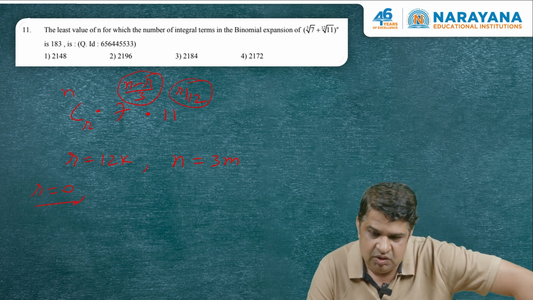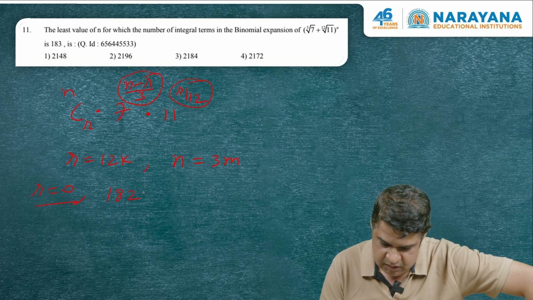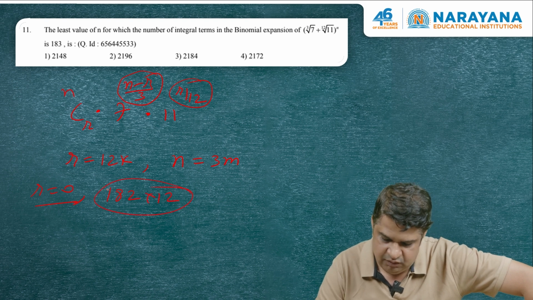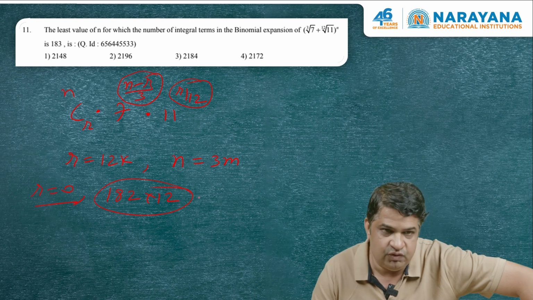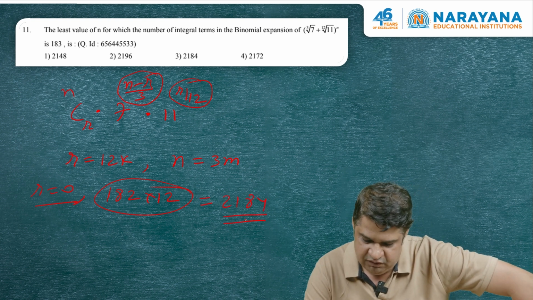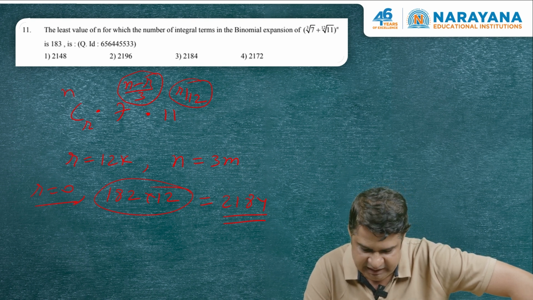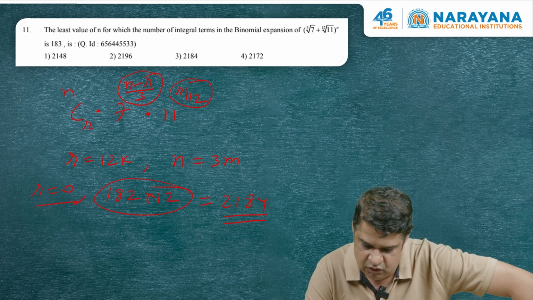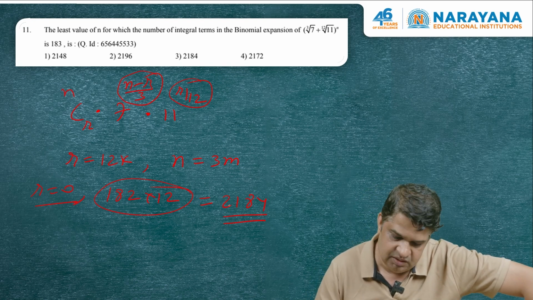That means n must be 182 times 12, and 182 times 12 is 2184. If I take n equal to 2184, I will get exactly 183 multiples of 12, and it is a multiple of 3 also.